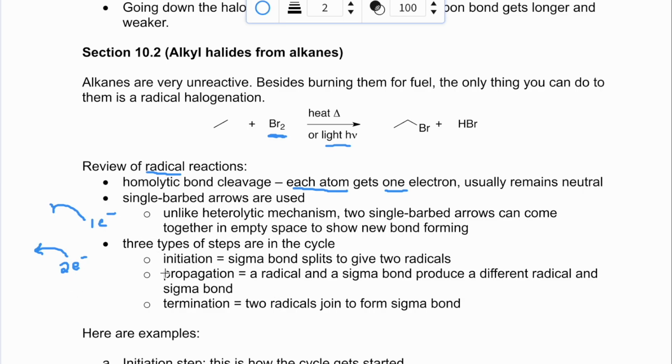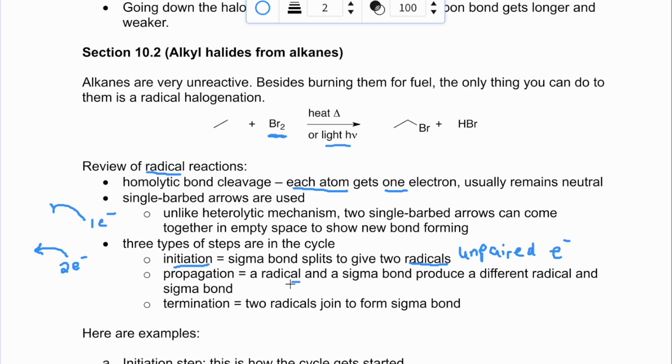So these radical reactions have a cycle. You need something to start the radical chain reaction. That's an initiation where you have a regular bond splitting homolytically, so that two atoms have these radicals, unpaired electrons. This unpaired electron is very reactive.